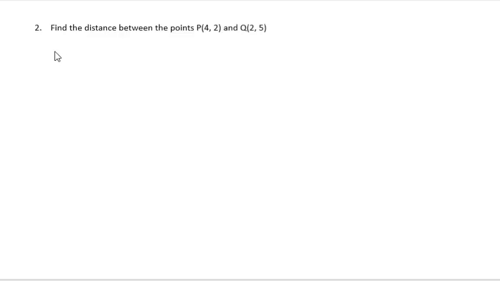Right, let's look at our second example. The question is, find the distance between the point P with coordinates 4, 2 and the point Q with coordinates 2, 5.